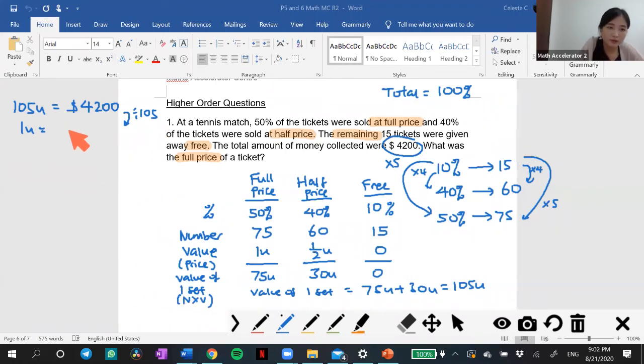So what's the value of 1 unit? 40. Good. Then you check what are they asking you for. What was the full price of a ticket? Right, so full price, 1 unit. So your answer is $40.